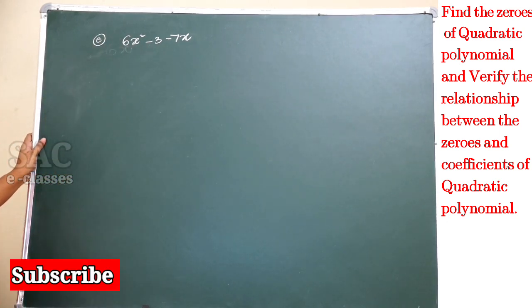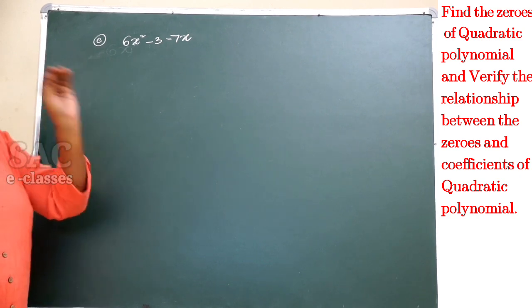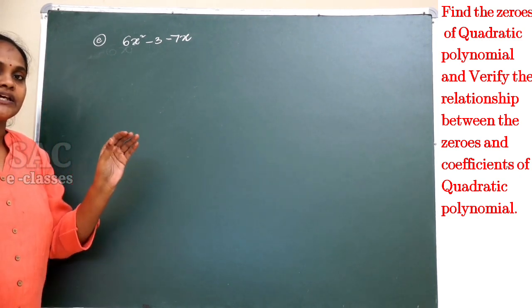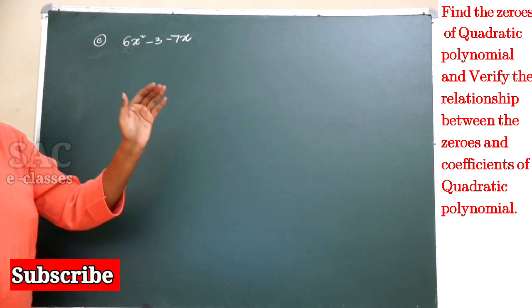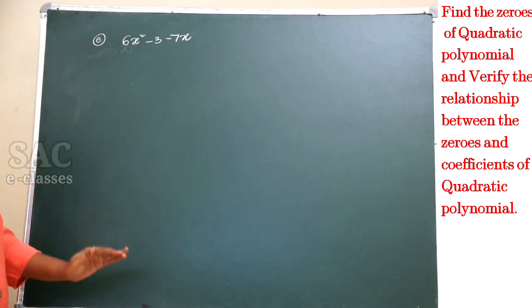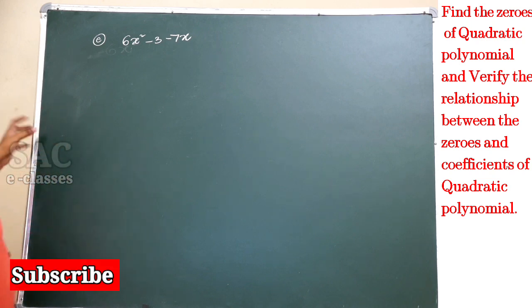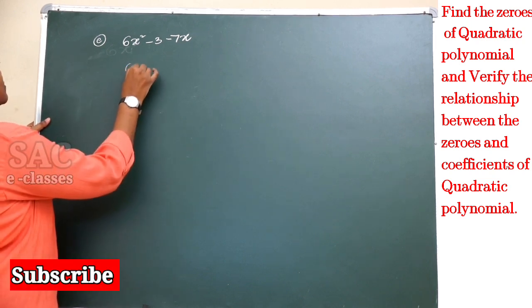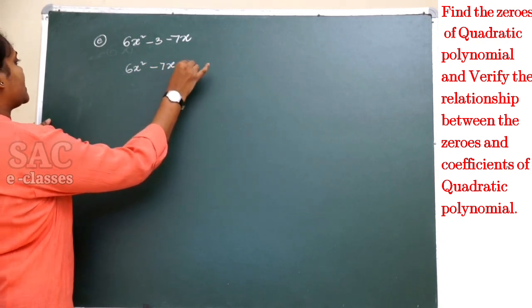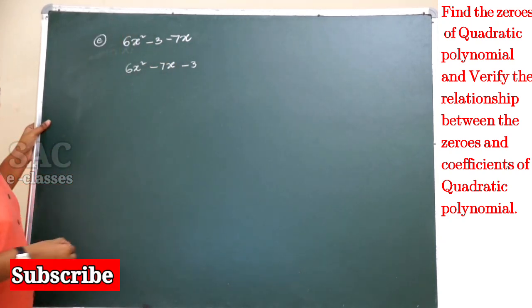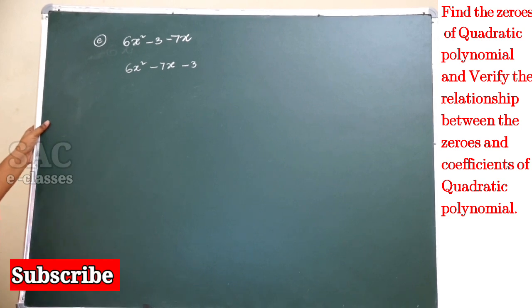You know very well what a standard form is: arranging the terms in the polynomial in the descending order of the degrees or ascending order of the degrees. Obviously, we will prefer the descending order of the degrees, nothing but the x square term, after that obviously the linear x term, and later the constant term. You know very well how to factorize it.